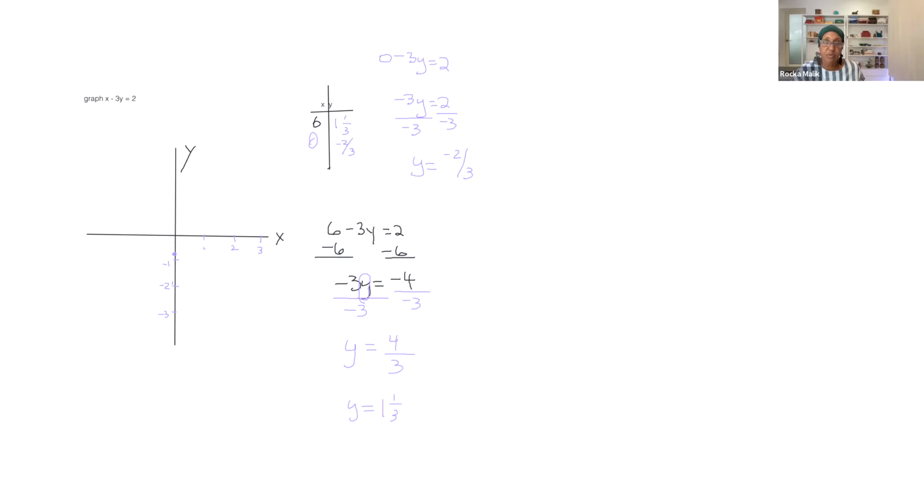So now let's go for the x-intercept by making the y 0. And then we can just connect those two and move on with our life. So if y is 0, I have x minus 3 times 0.